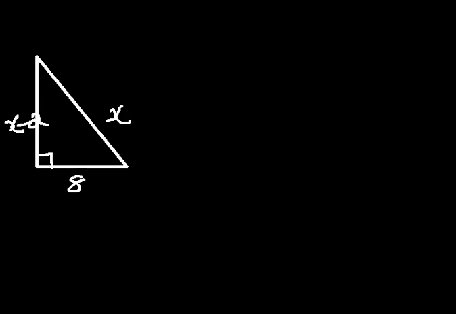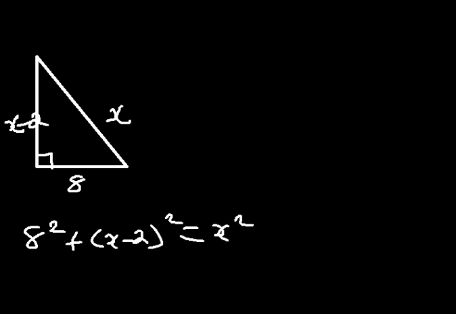So using the Pythagoras theorem, how can we be able to have the value of the side x? For this case, the principle remains the same. We'll have 8 squared plus x minus 2 to the power 2 is equal to x squared.